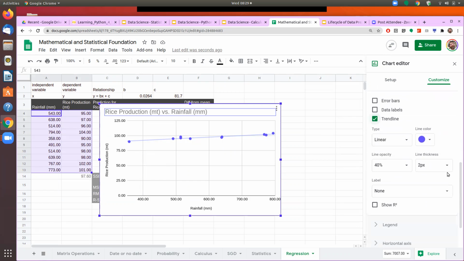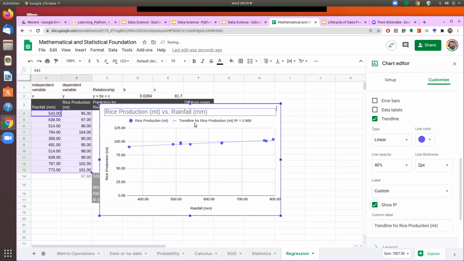Then it will ask whether you want to show R square, so I'll click that, and you see the R square value has come here. For this trend line, under the label header, I can say none, custom, or use equation. I'll say use equation, then the equation of this line will come.